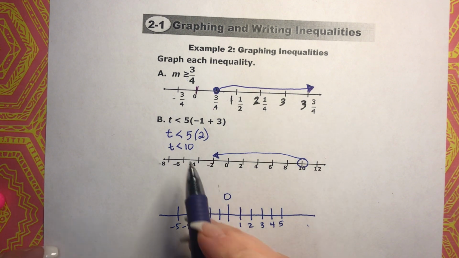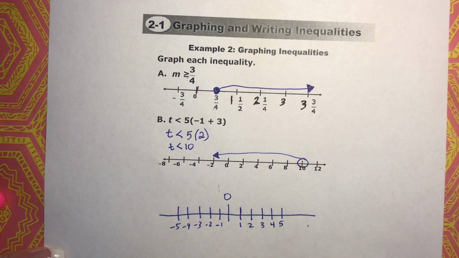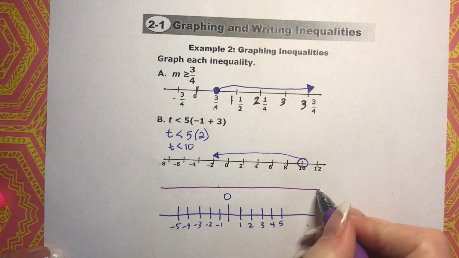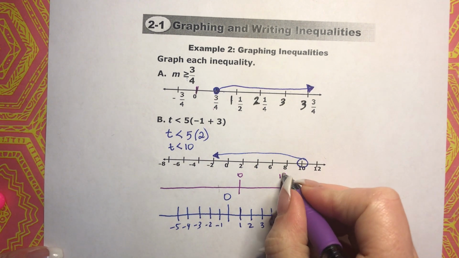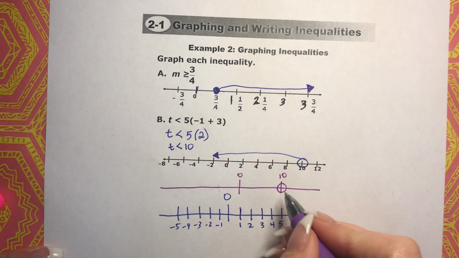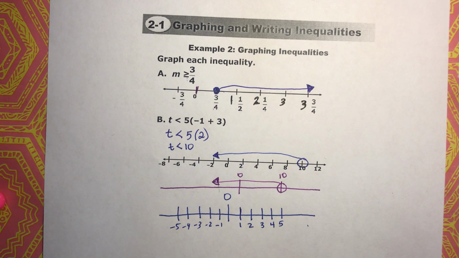In the past, if I was actually doing this and I didn't have a graph that was already made for me, I might just do this. Make a line, make 0, make 10, put an open circle, and just say, hey, t is less than 10, okay? So I don't want you spending an hour making the perfect number line.